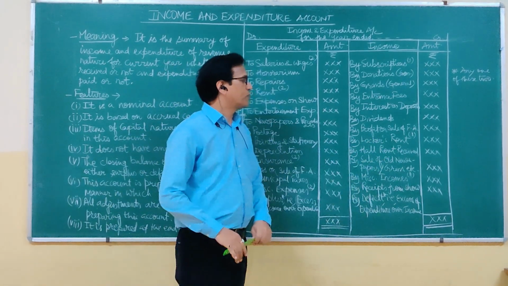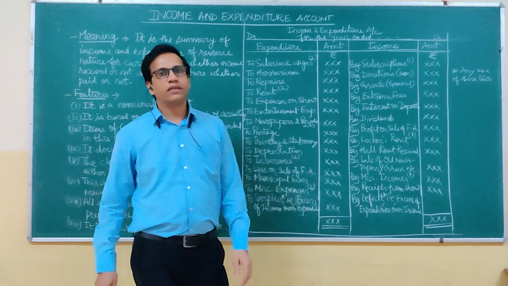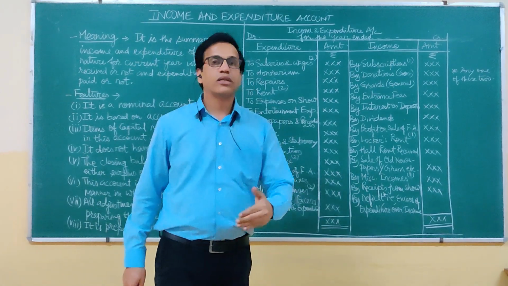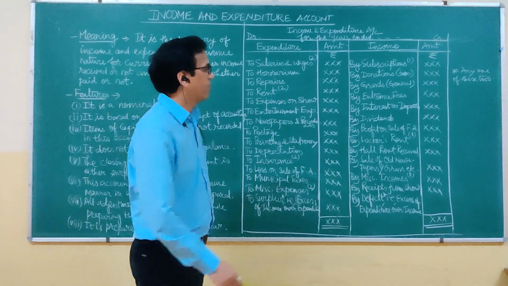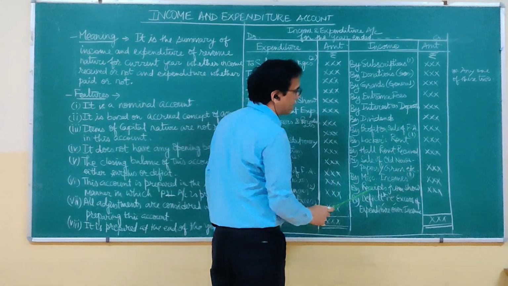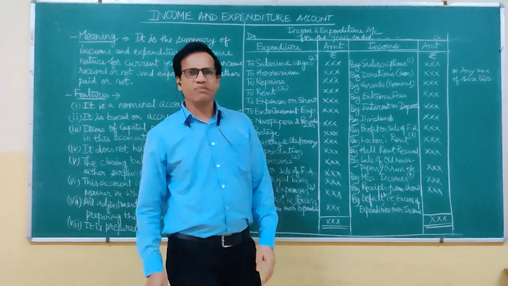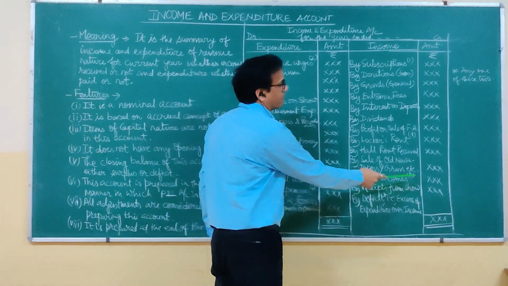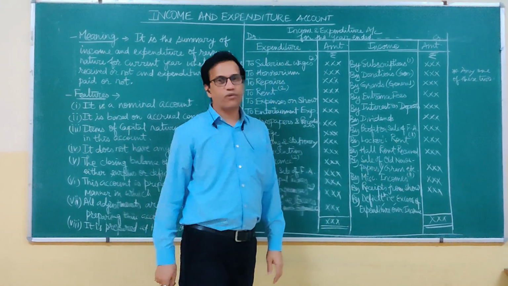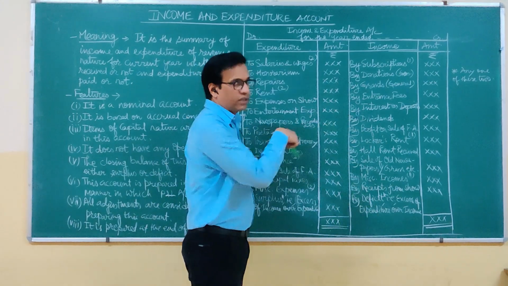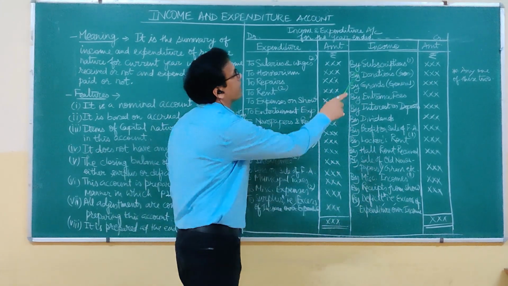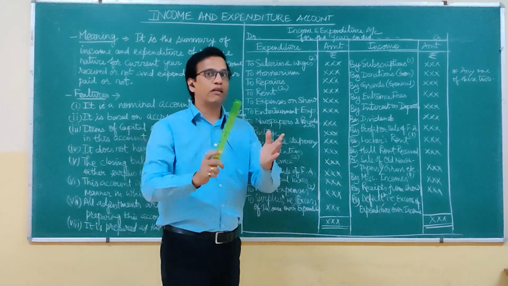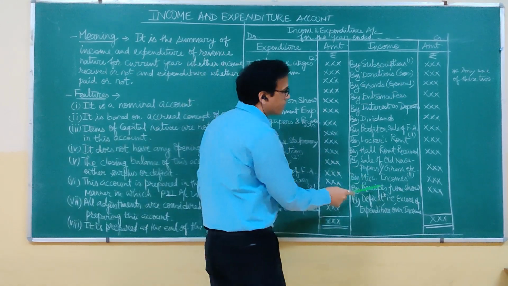Sale of old newspapers, periodicals, magazines, or old glass, if given, then we take it here on the credit side. Miscellaneous incomes, any other income the name of which is not specified, we take here. There will be an adjustment for it also. After that, I will be speaking to you regarding these adjustments, how to calculate with the help of these adjustments.